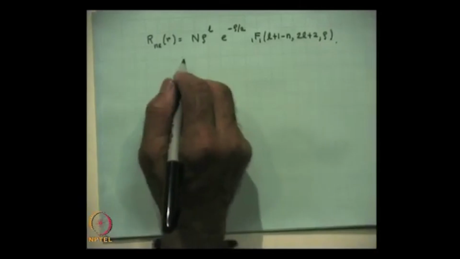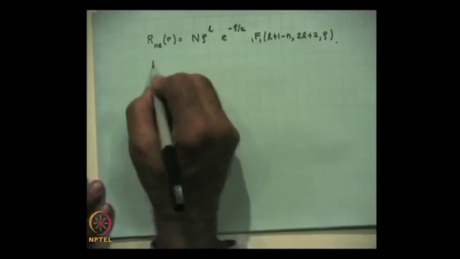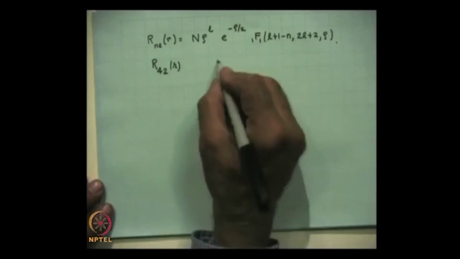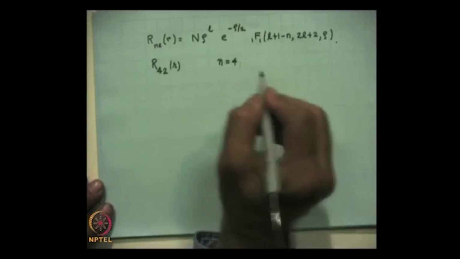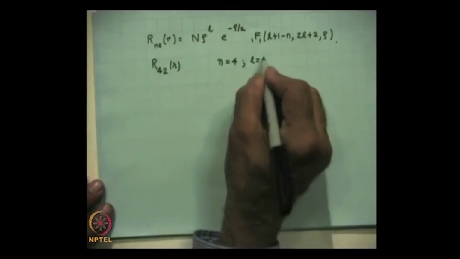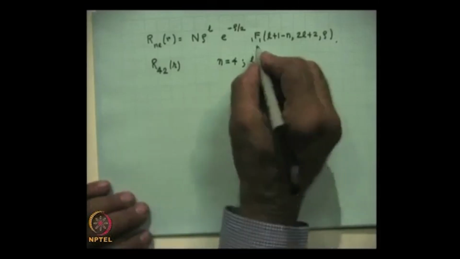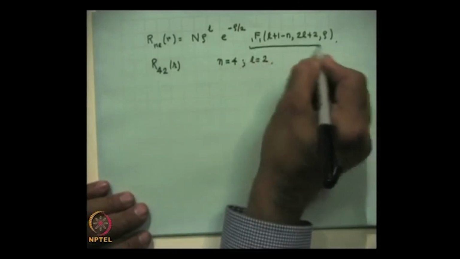Now, let me calculate for R 4 2 of r, just as an example. So, n is 4 and L is 2. Let me first calculate this function.